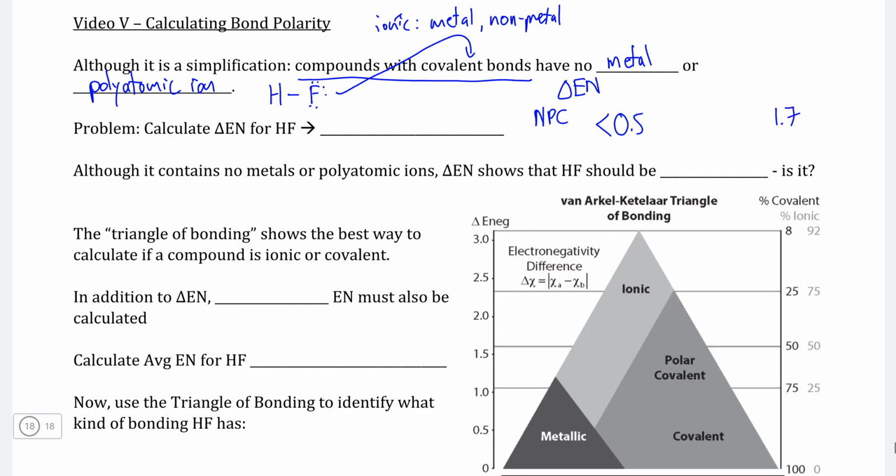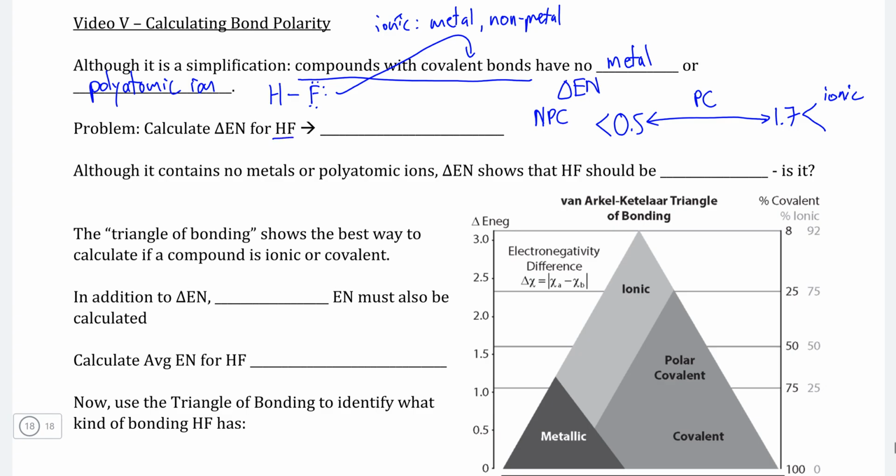Conversely, any pair of elements with an electronegativity difference greater than 1.7 would be considered an ionic bond, and anything in between would be considered polar covalent, in that the electrons are not transferred, they are still shared, but they are shared unequally.